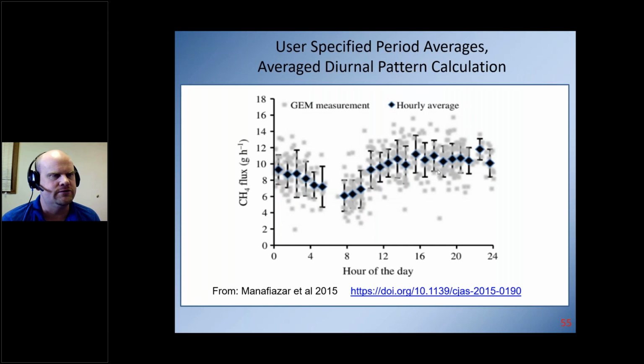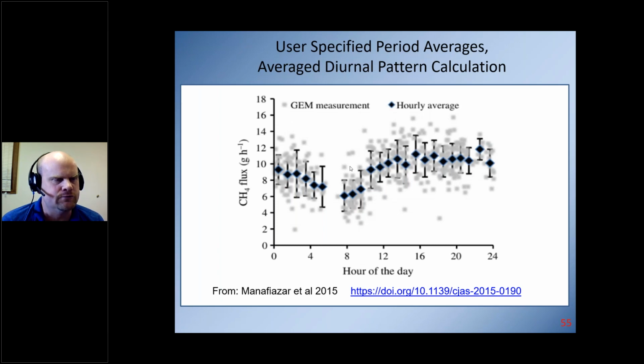One thing that GreenFeed does when it runs this algorithm is it divides the hour into specific time periods. In this case, the user took 1 hour periods, and then every measurement that occurred within that hour is averaged. So here we have the average point and then the observed points for the GreenFeed.